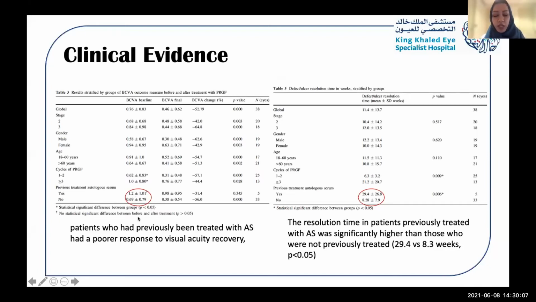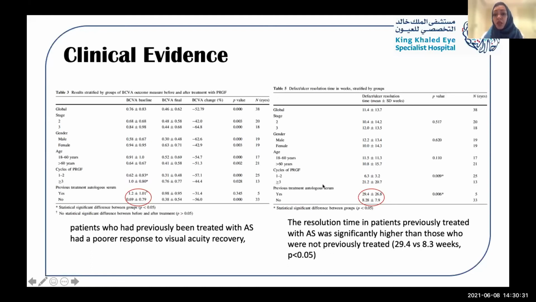They hypothesized that it could be due to the fact that the patients' corneas were already exposed to the cytokines and the transforming growth factor betas and all of these pro-inflammatory and scarring factors.